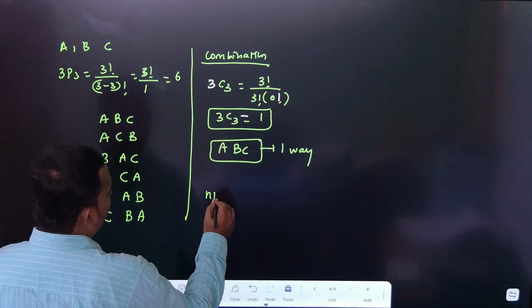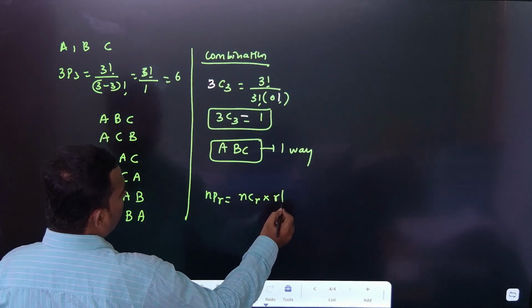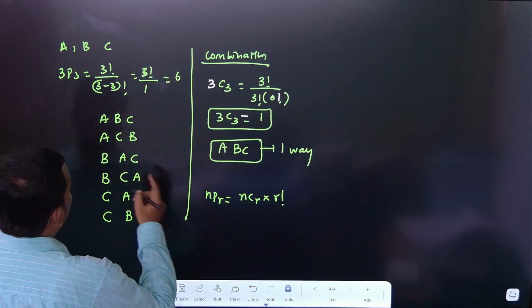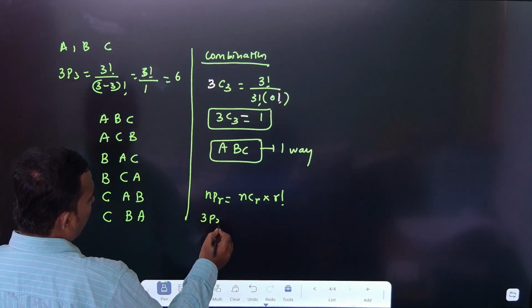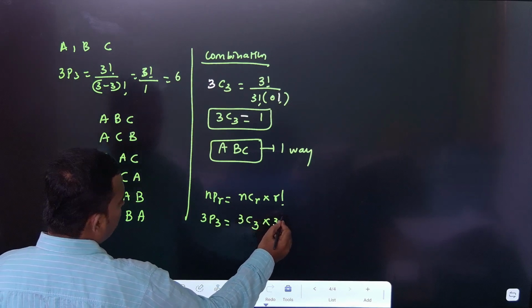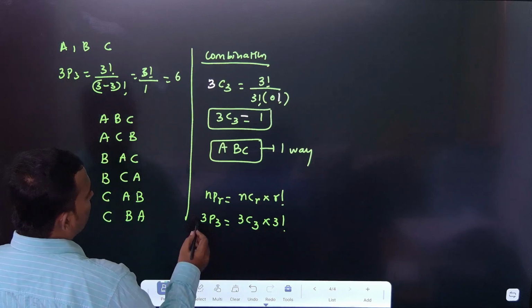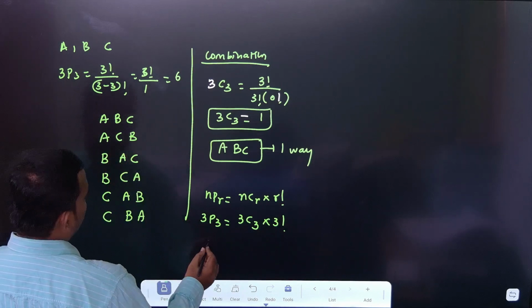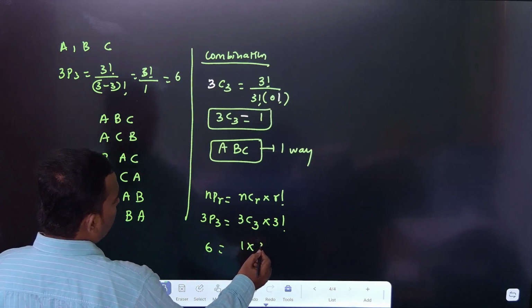What is the NPR formula we discussed now? NCR into R factorial, right? So here you can check with the 3 letters, right? 3P3 you can see, 3C3 into 3 factorial. You check it once clearly. 3P3 is what actually? I just now got it 6. 3C3 is what? 1 into 3 factorial.